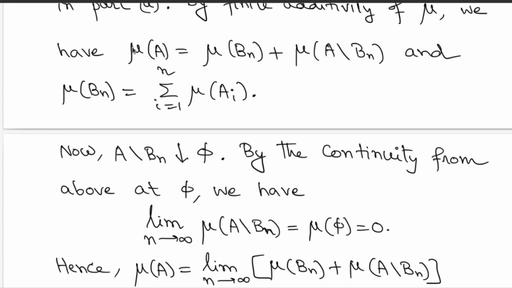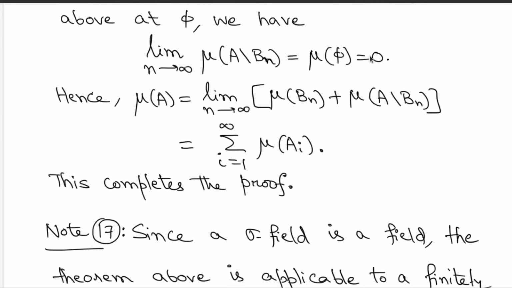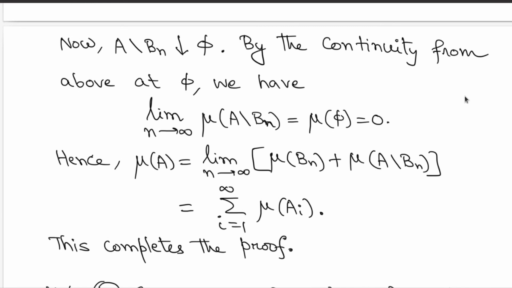Therefore, you let n go to infinity in this relation, and you get mu of A equals the limit as n goes to infinity of mu of Bn plus mu of A minus Bn. Since you already know that the limit of mu of A minus Bn is 0 by the continuity from above at the empty set, you simply end up with the limit of mu of Bn's.